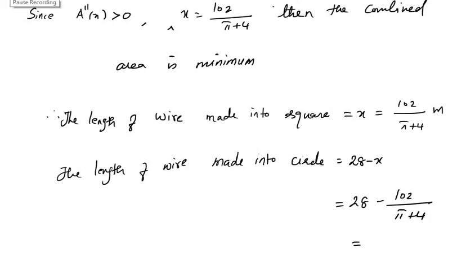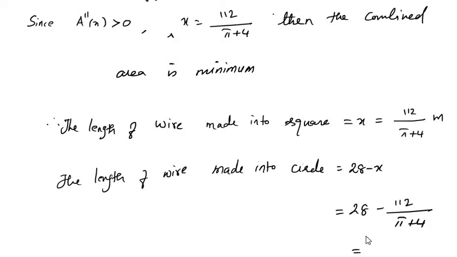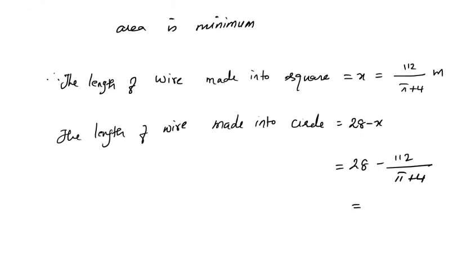If I take LCM, see what we get: pi plus 4. This is 28 pi plus 28 into 4, that is 112.